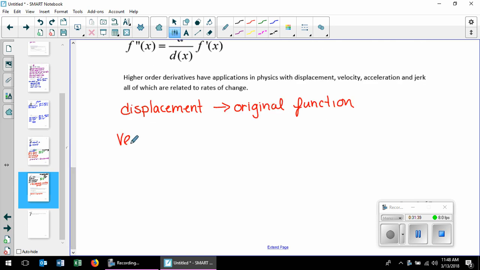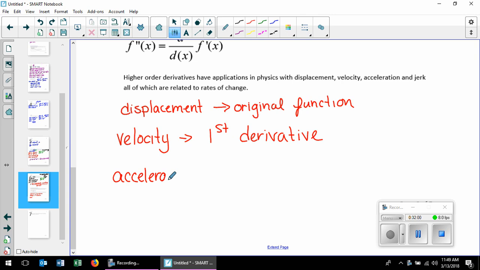Velocity, if we refer to velocity, that's your first derivative. Acceleration, that's your second derivative.